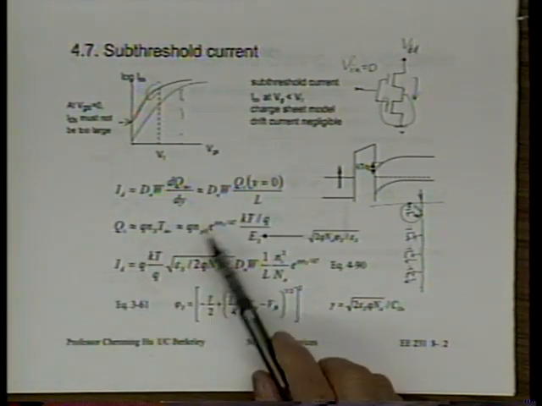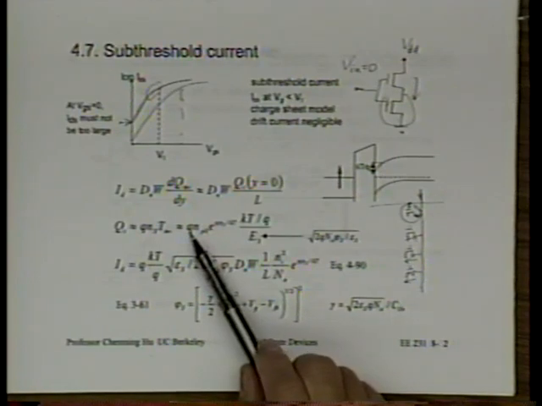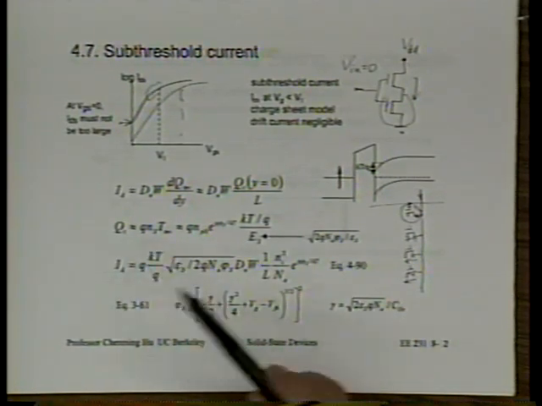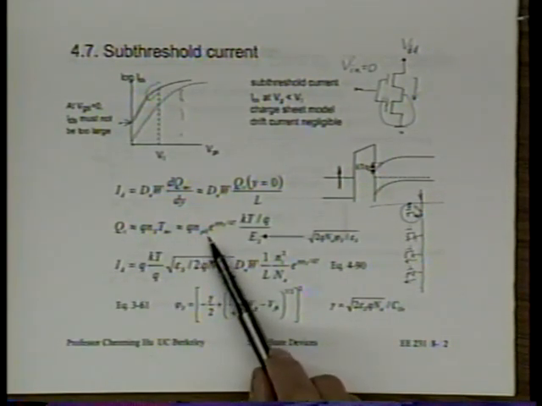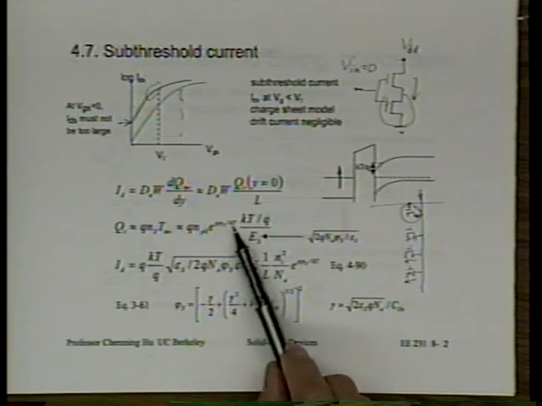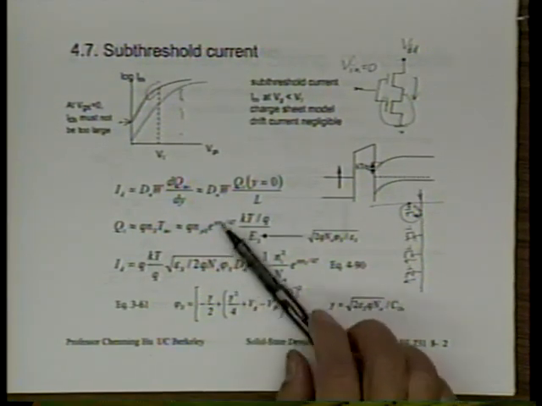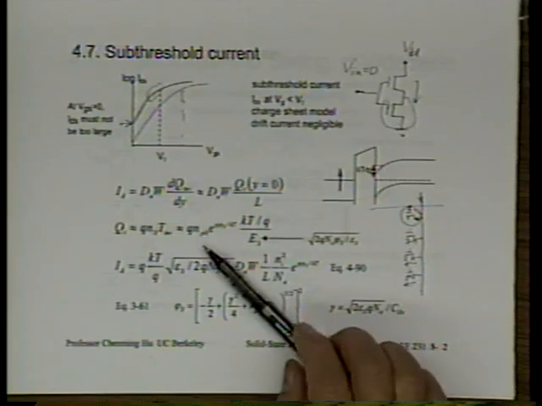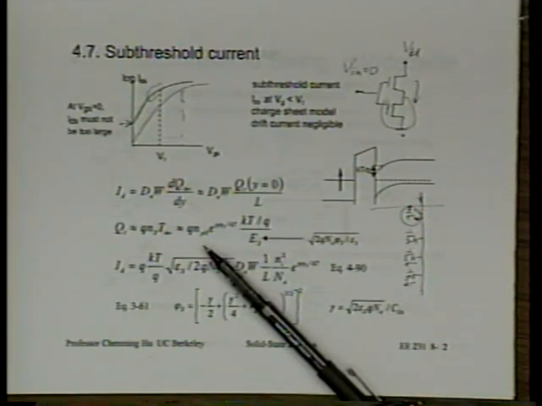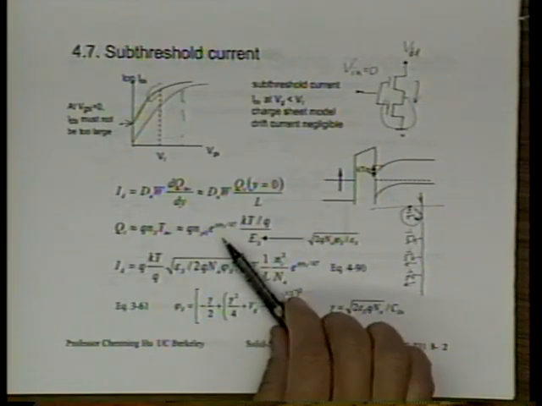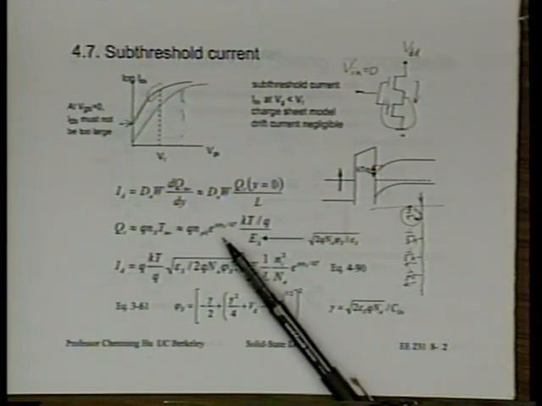All right, okay. Now, NS is equal to NP0 exponential Q phi s over KT. Does this look familiar? NP0 is the equilibrium concentration times exponential Q phi s over KT. That gives us the surface electron concentration. Is that right?